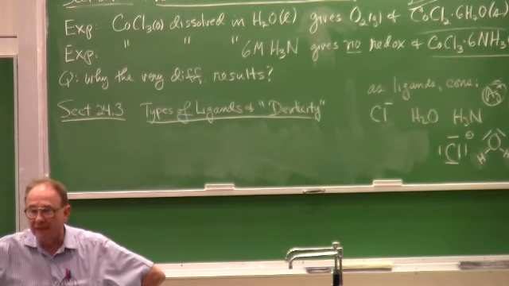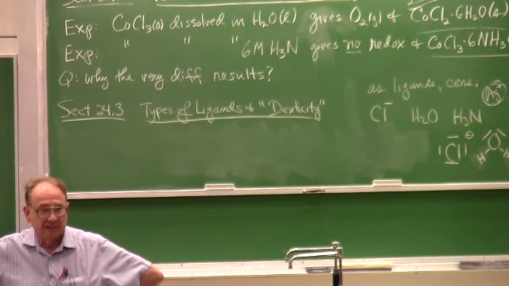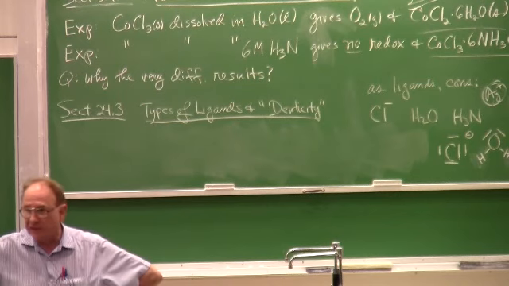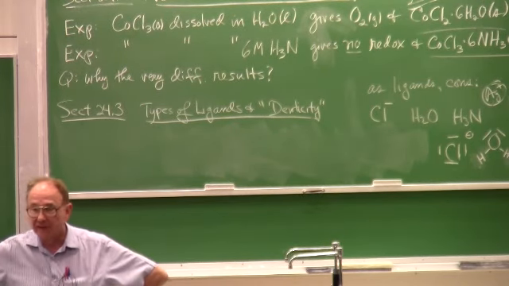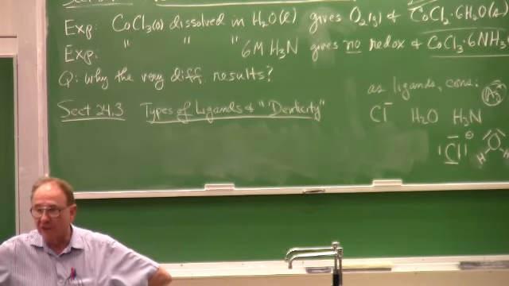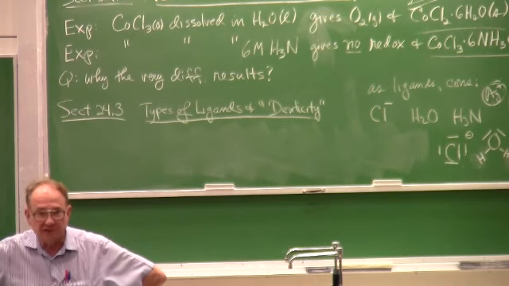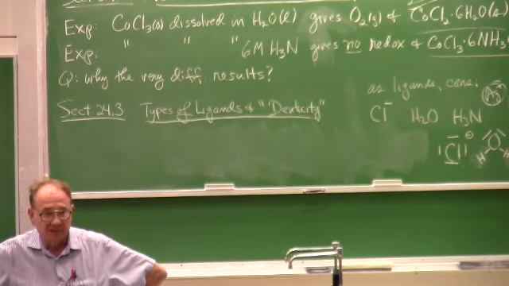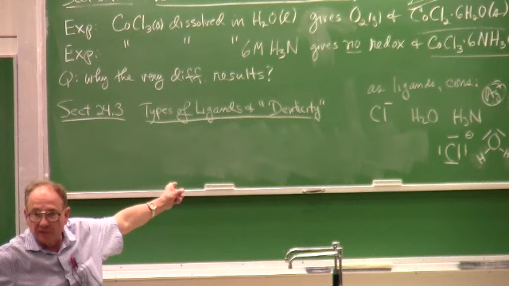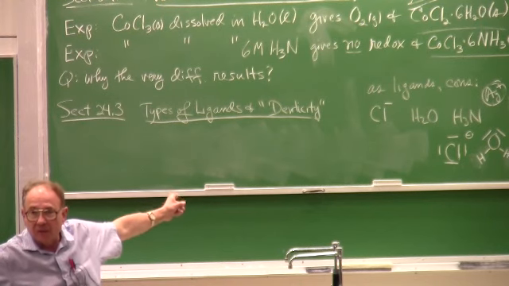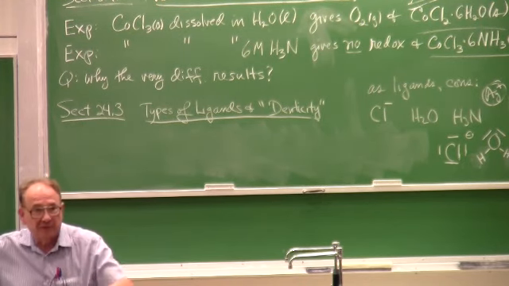H+ can't make anything but a sigma bond. And the ammonia molecule H+ bond formation interaction is the strongest compared to water molecule H+, which makes hydronium ion, or chloride ion H+, which will make you HCl.